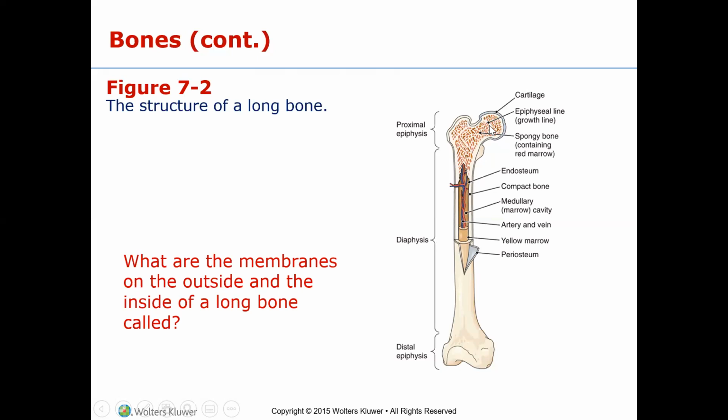blood cells are made. And we have a growth line, which you can see here, which is indicative of where growth occurs. And you can take an X-ray and find exactly how much growth has occurred or will be occurring, depending upon how marked this growth line is.